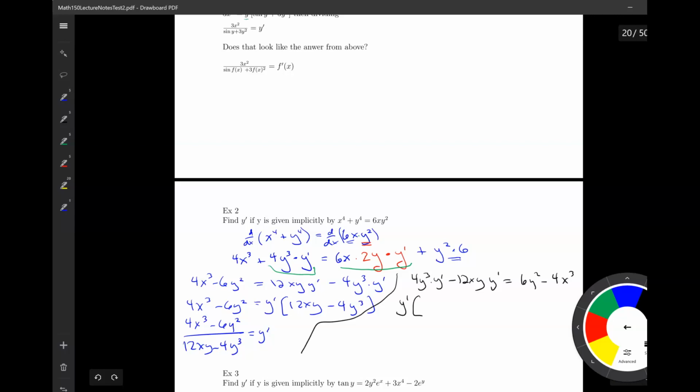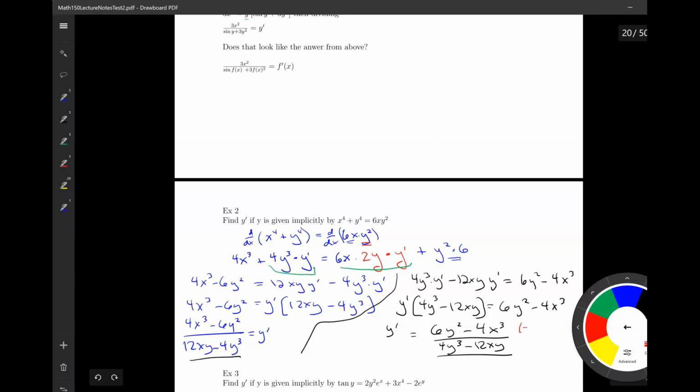So if I factor out a y prime, 6y squared minus 4x cubed, so y prime will equal 6y squared minus 4x cubed over 4y cubed minus 12xy. Okay, are these equivalent? They are.